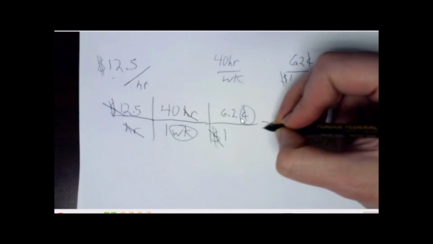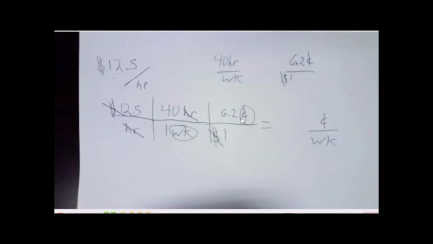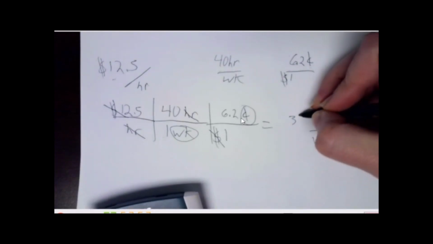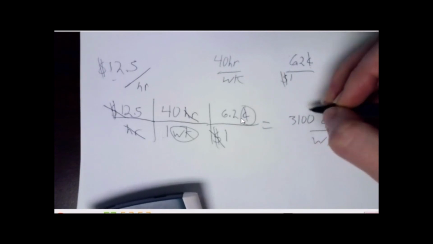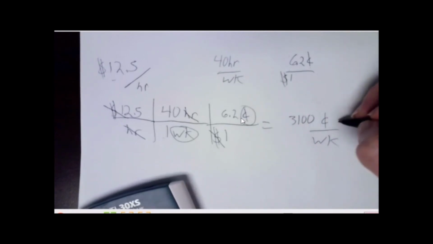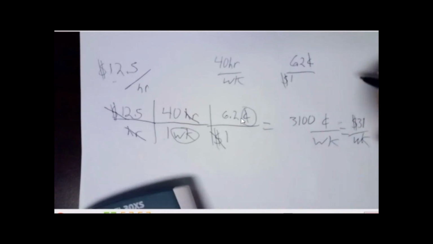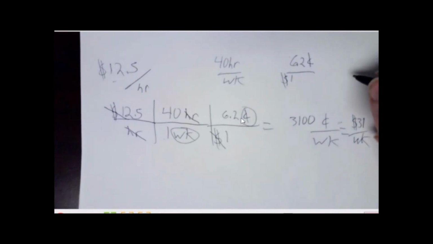Everything on top gets multiplied, everything on bottom gets divided. So I'd say 12.5 times 40 times 6.2. I'm paying the government 3,100 cents, which, if I turn this back into dollars, is $31 per week out of my paycheck to go to Social Security.